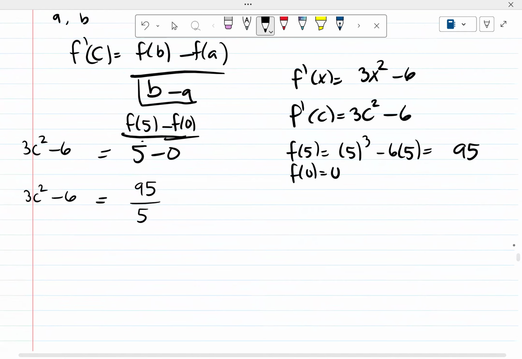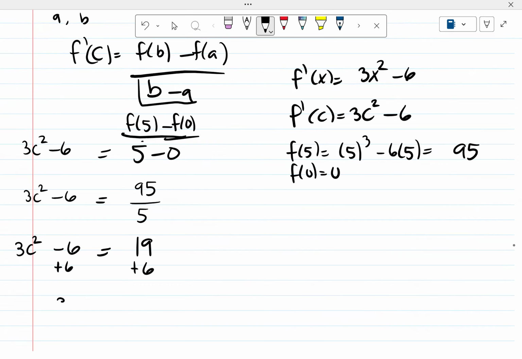Okay, so 95 divided by 5 is 19. And then you have 3c squared minus 6. And then you add 6 to both sides. You get 3c squared equals 19 plus 6, which is 25.